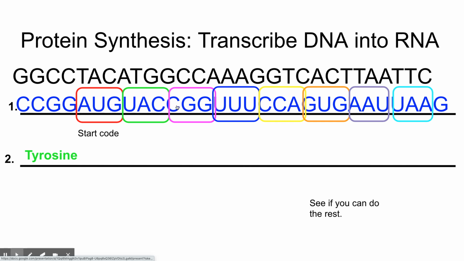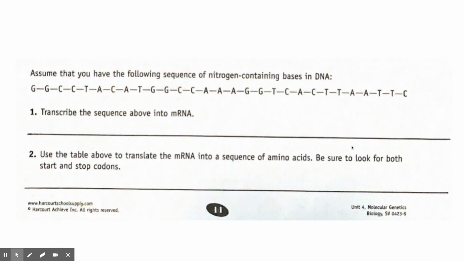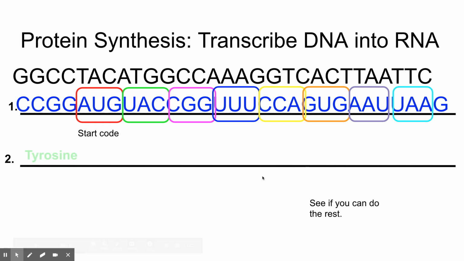Then we need to look up CGG. CGG, arginine. If you make a mistake and think, oh, CCG, you're getting a totally different amino acid. So make sure CGG, arginine. So then you go back, and I like to put a little plus sign.